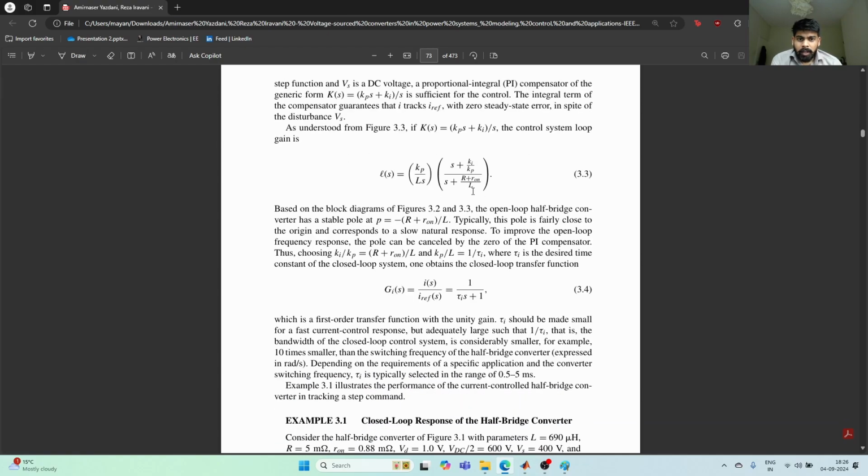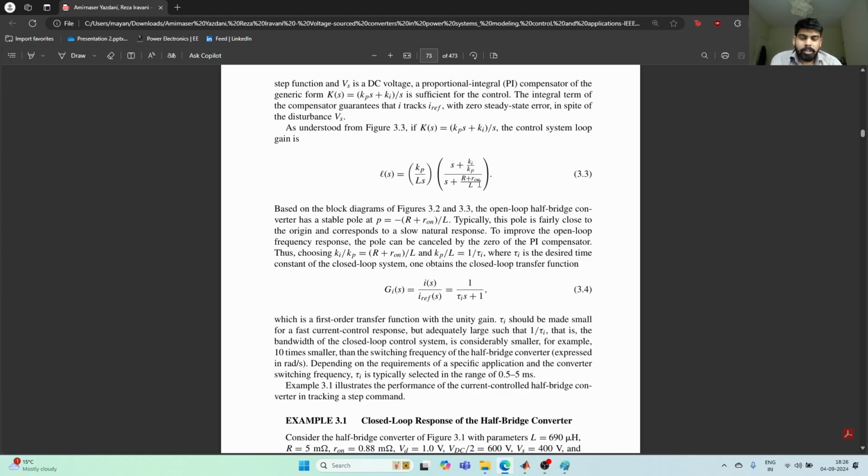Now, when you calculate this (R plus R1) by L, it is quite close to the origin, right? And that makes the response of the system quite slow, because if you go to the basics of control theory, the farther you go from the origin to the left, the faster your system acts. You'll get a faster response of the system, right?